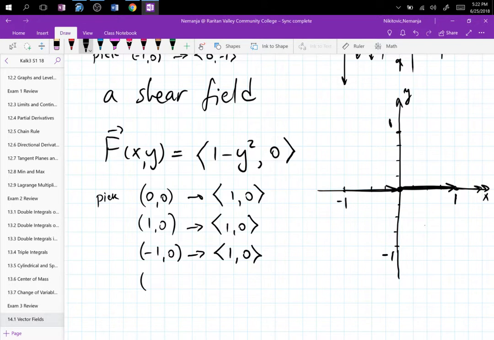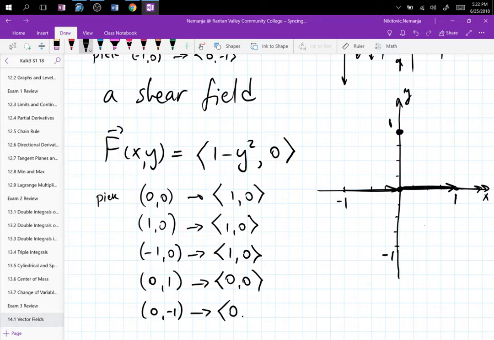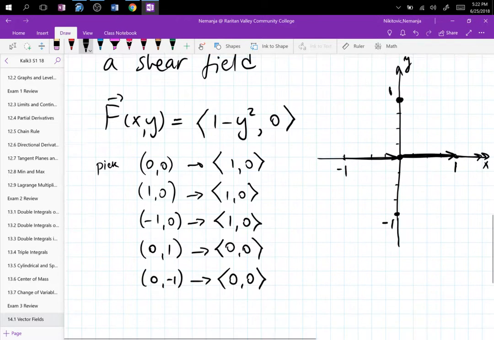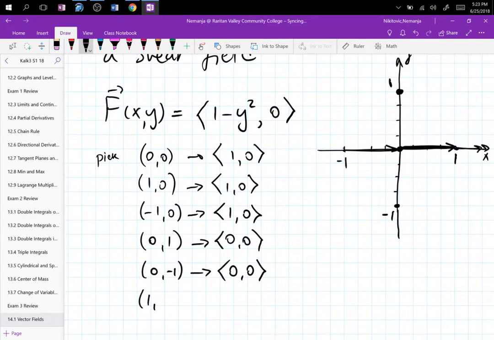So how about we pick 0, 1? If I pick 0, 1, now we have a vector 0, 0. Well, that's just going to give us a point there. How about 0, negative 1? That's 0, 0 again. All right, so let's pick 1, 1 then, because we can.